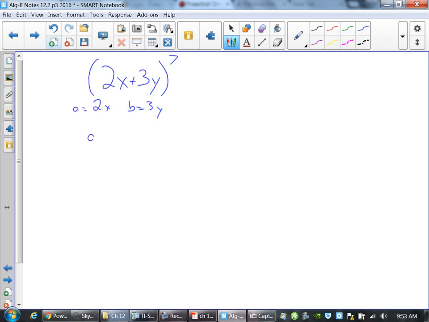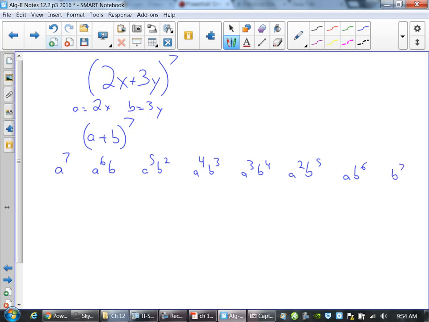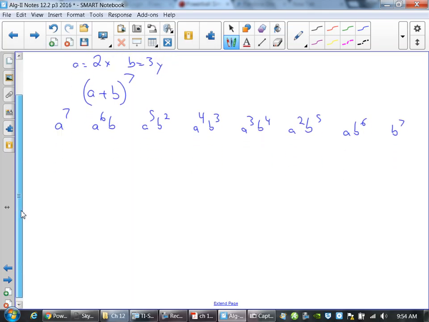So I get A plus B, 7. Write out everything in terms of A's and B's. Below that, I'm going to write down my C values that I'm going to use.